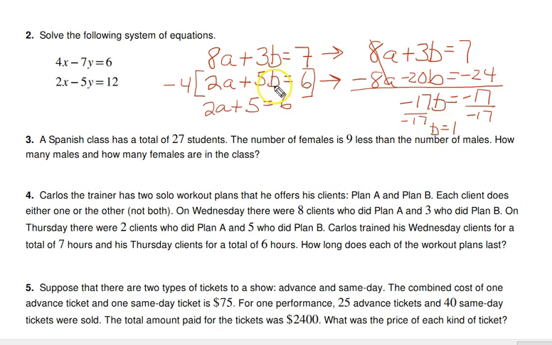I subtract 5 from both sides, and I get a 1 here. 2a is that. Divide both sides by 2. I get a equals 1/2 hour, and b is 1 hour, and that is correct.